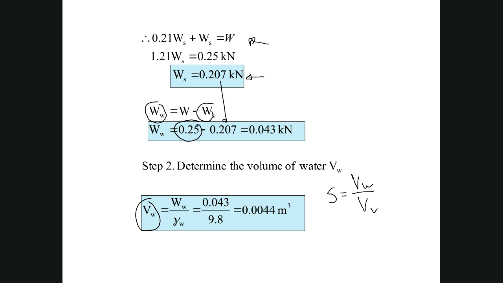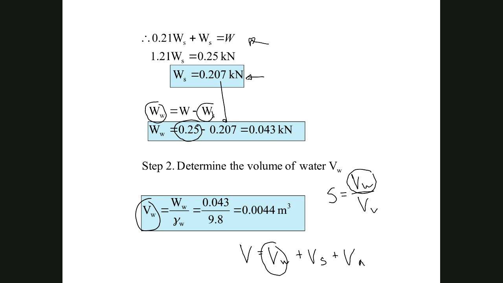Also, if we know volume of water, we can also find volume of air, because total volume is volume of water plus volume of solids plus volume of air. So air has no mass, but it has volume, so we need to find this one. We need the water volume here.